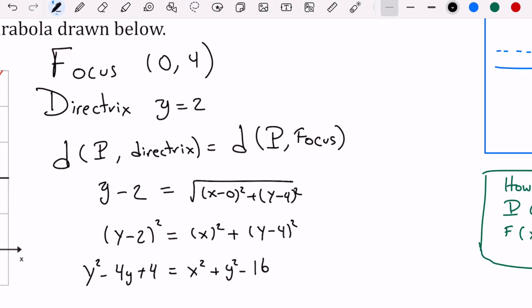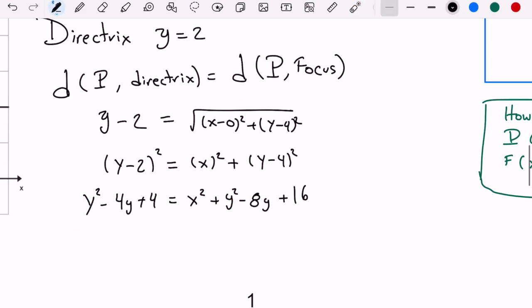Again, the y squareds cancel out, and I'm going to solve for y, so I add 8y, and I have 4y equal to x squared plus 12. Am I right? I think that I am right. And then y equals x squared over 4 plus 3.